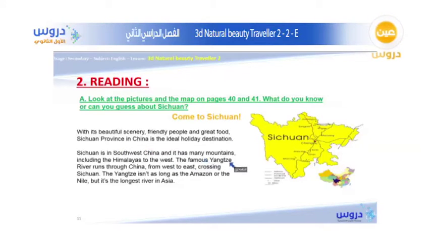The famous Yangtze River runs through China from west to east, crossing Sichuan. The Yangtze isn't as long as the Amazon or the Nile, but it's the longest river in Asia.